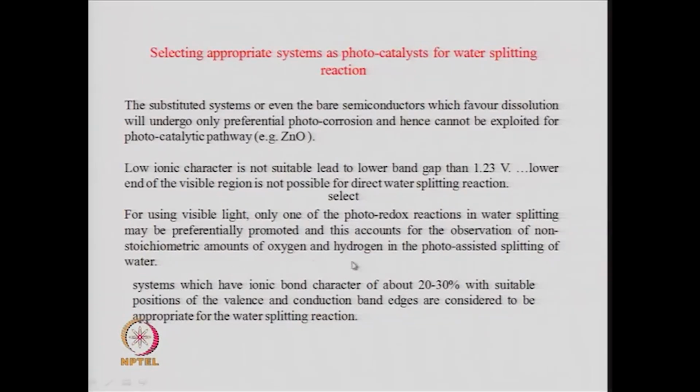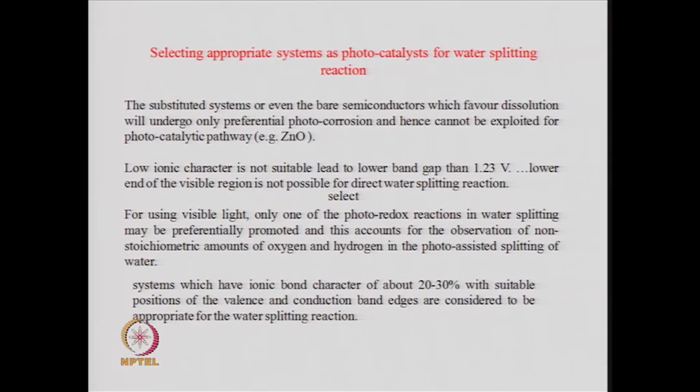So, many catalysts may not do both of them, and then they can be used to do only one part of the reaction. That is what is mentioned here: sometimes using visible light, when you do not have energy more than 1.23 volts, you can still do some photocatalytic reaction, but here you may not have an equivalent amount of oxygen and hydrogen, because one of the processes is preferred more.